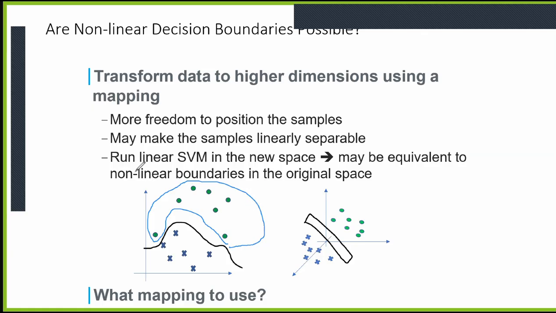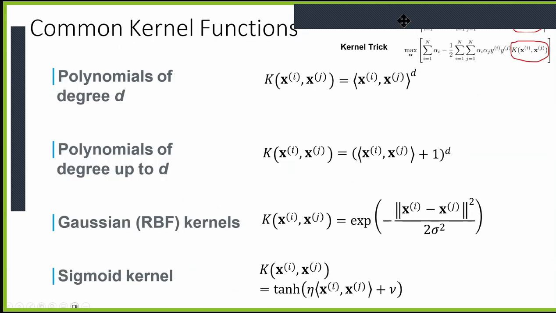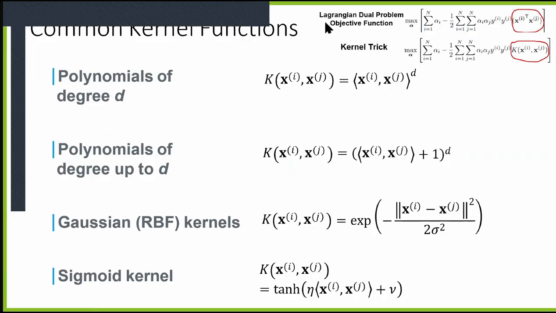But the Lagrange dual problem gives a shortcut, meaning that we don't have to explicitly transform each of the data points to the higher dimension and then apply SVM, but instead we could implicitly transform to the higher dimension and then perform the SVM.